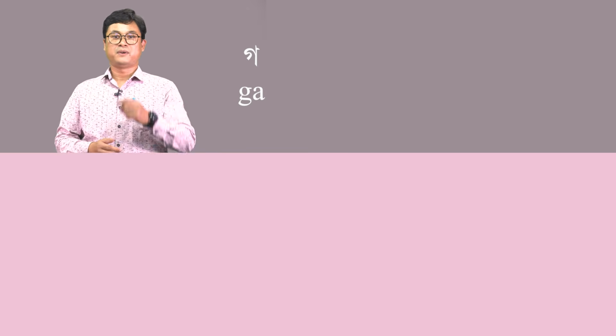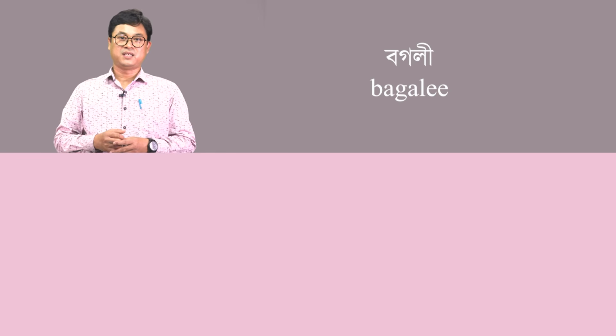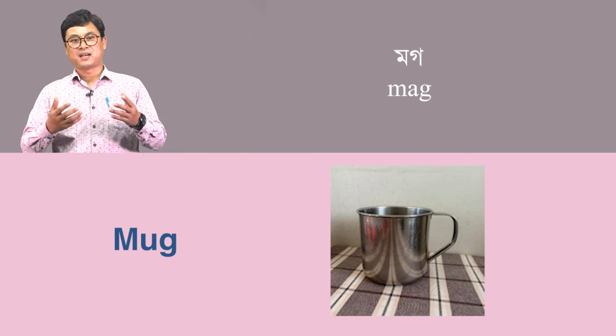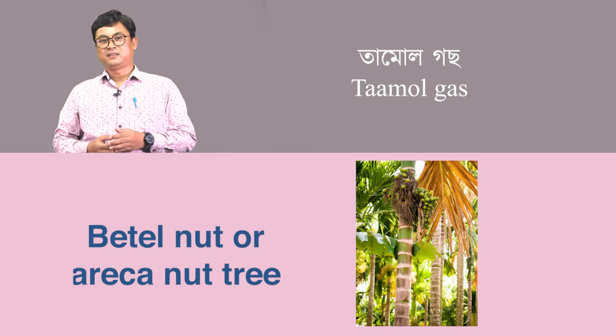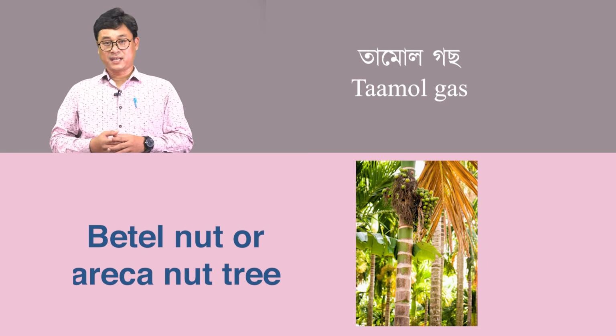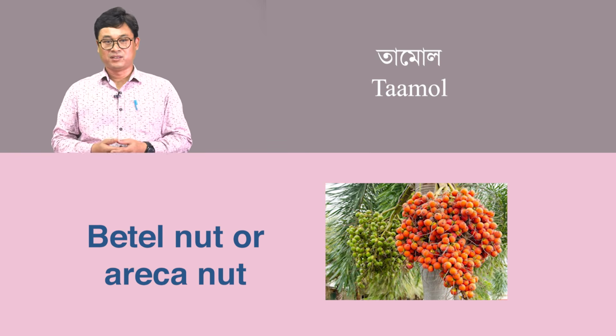Go, go for gos, means tree. Bogoli means egret and mok means mug. We can frame the phrase Tamul Gos, which means betel nut or areca nut tree. Here, Tamul means betel nut or areca nut.